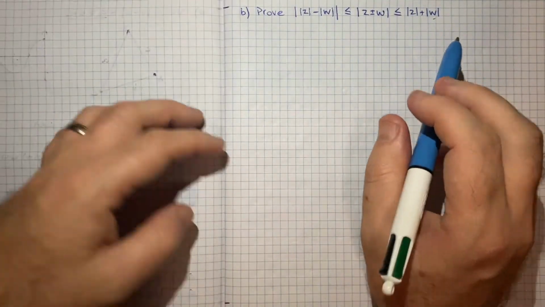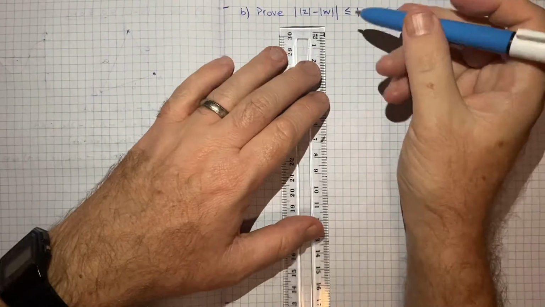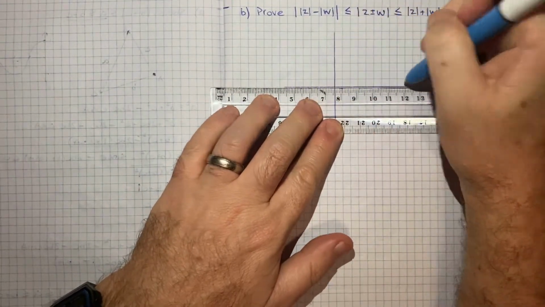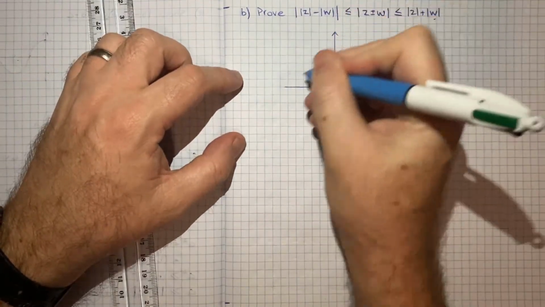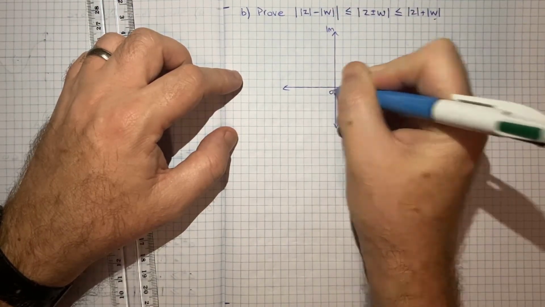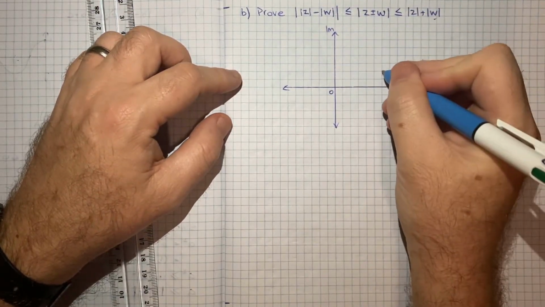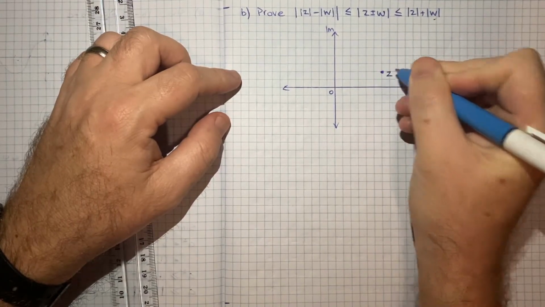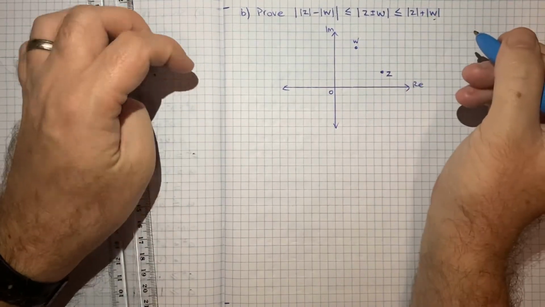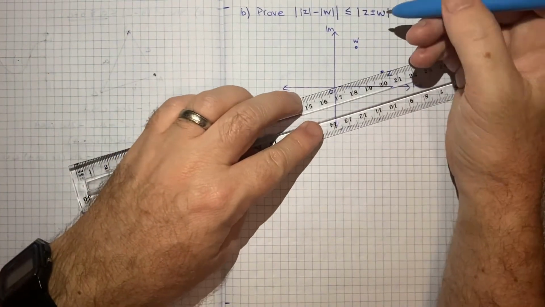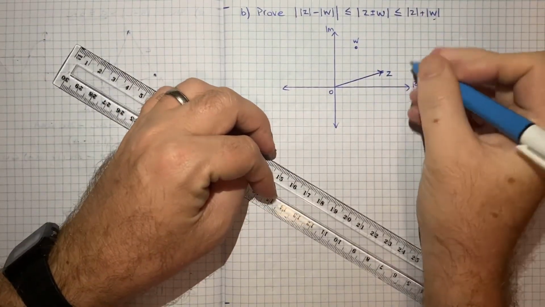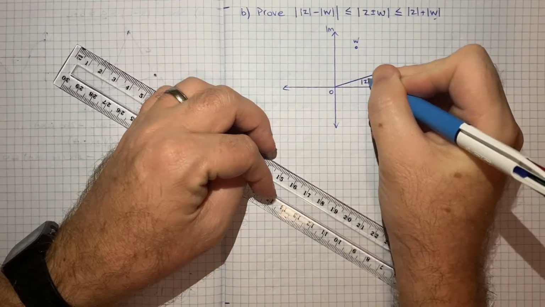And actually, I think if I draw just a simple Argand plane, so if we say we've got our real and our imaginary axes and 0. Now if I define some complex number z and some other complex number w, then if we think about our vectors, this would be the vector for z with a magnitude of z.